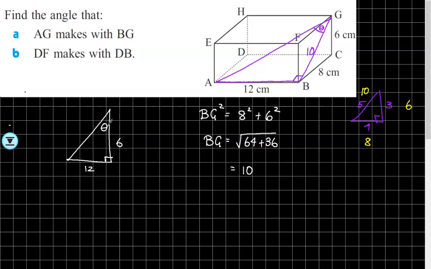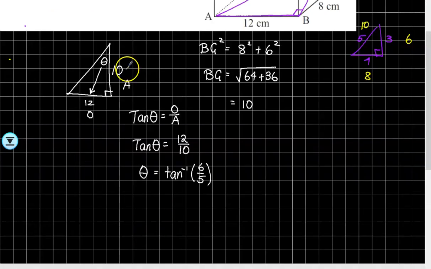So back to the basics. What's this? Opposite, and this is adjacent. It is tan. So we're going to go tan. Oops. So that was 6.